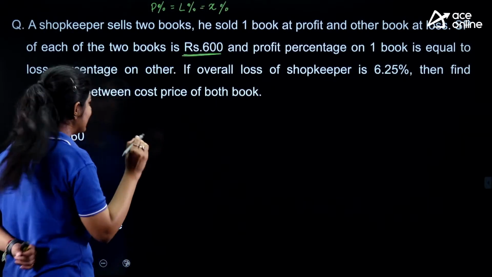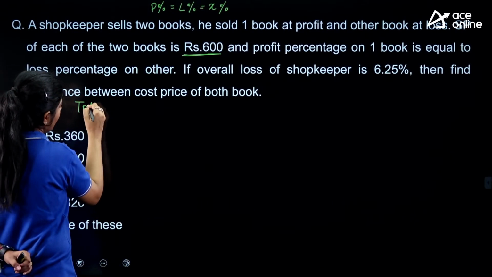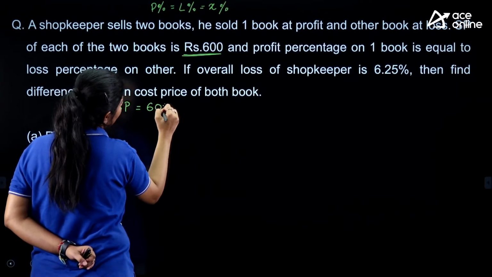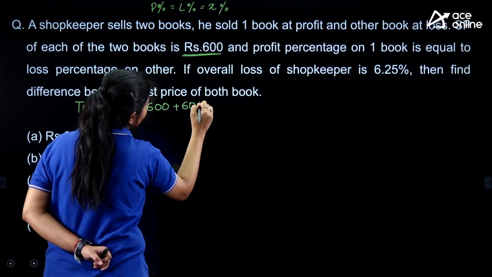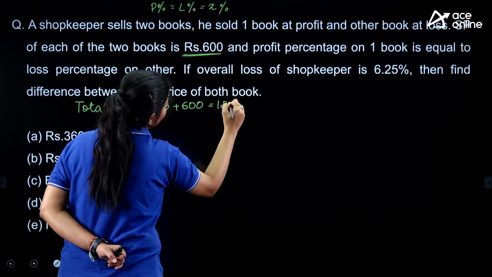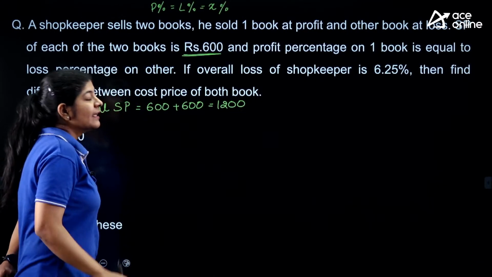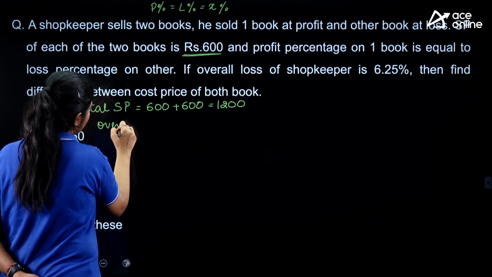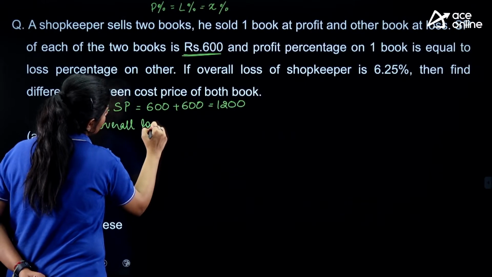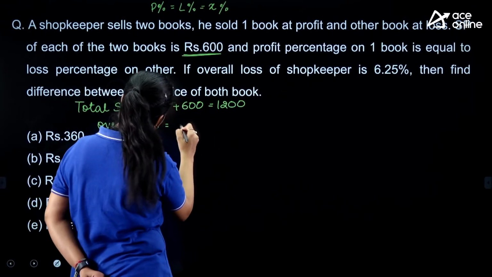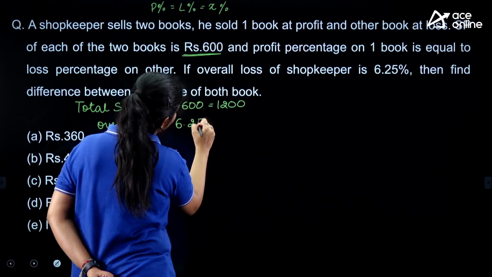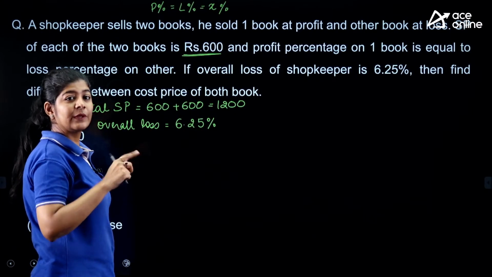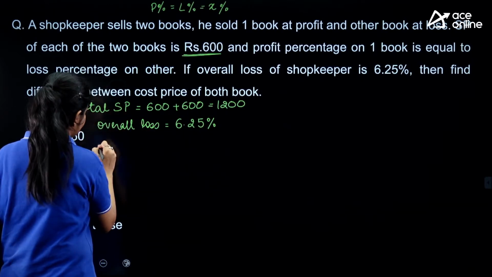So the total selling price is nothing but 600 plus 600, that means 1,200. But the overall loss is also given, that is nothing but 6.25%. That means from this value we can calculate the total cost price.